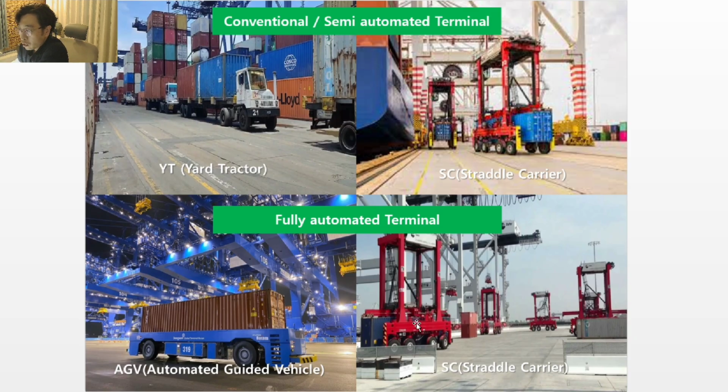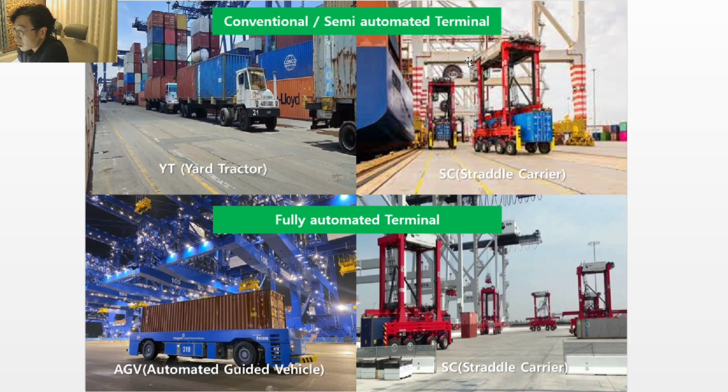And these two pictures are AGVs, which stands for Automated Guided Vehicle, and the straddle carrier. The difference between these straddle carriers is that this one is driven by a human driver.